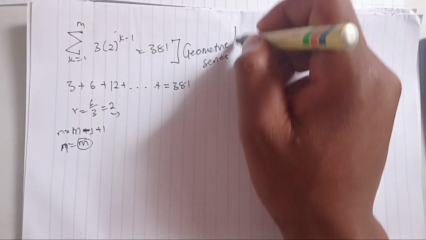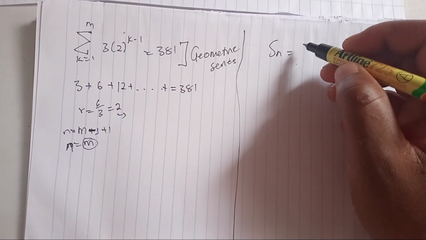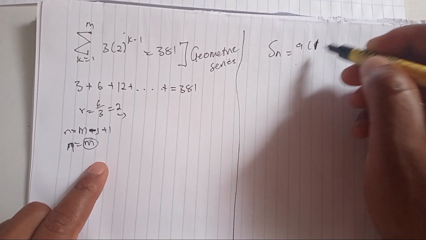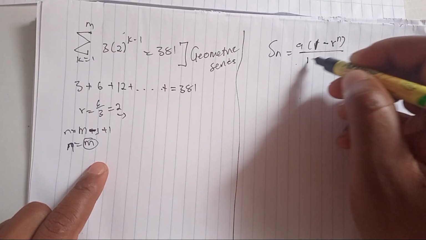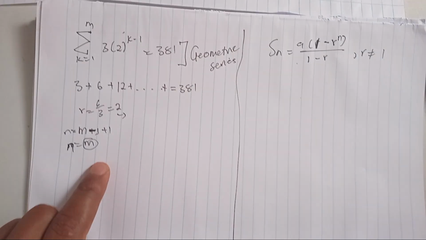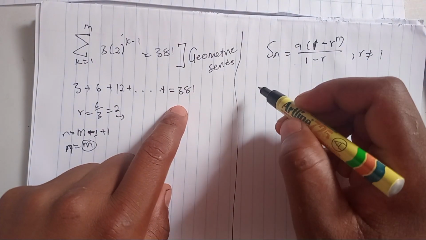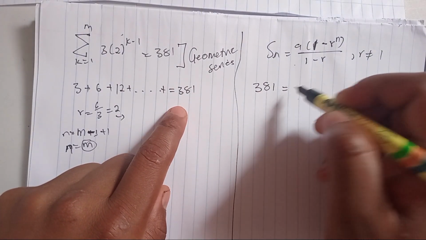We're going to say, okay, now we have Sn, which is equivalent to A into R exponent N divided by 1 minus R, whereby R should never be equivalent to 1. Let's use the other notation. Now, what will be the sum? The sum is equivalent to 381. What is the first term?